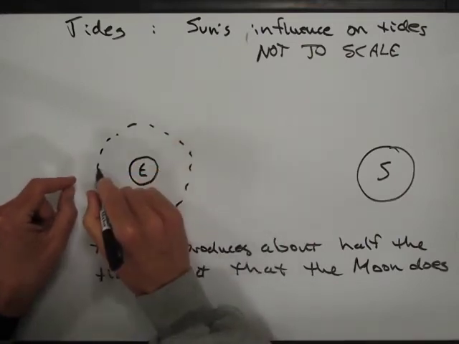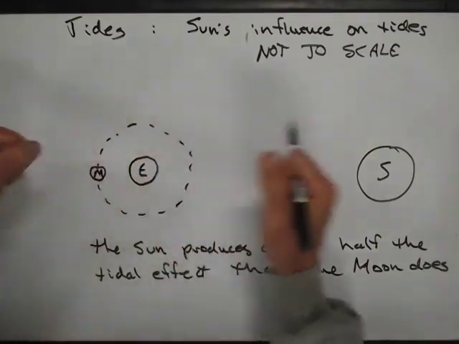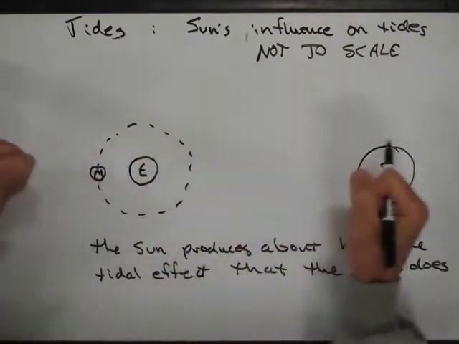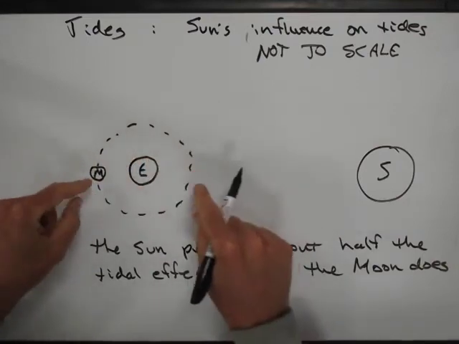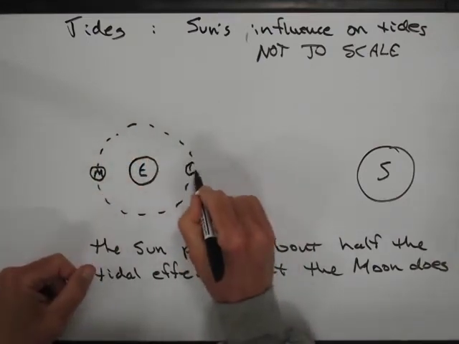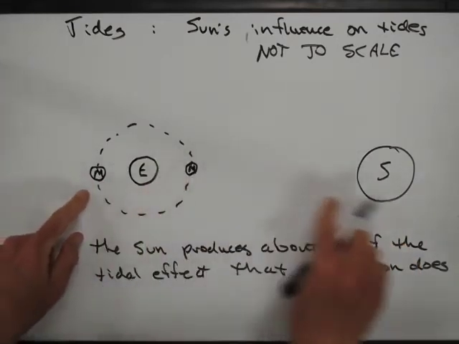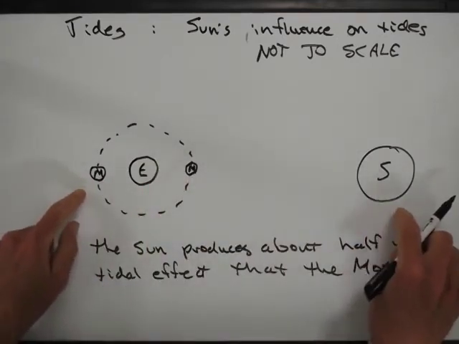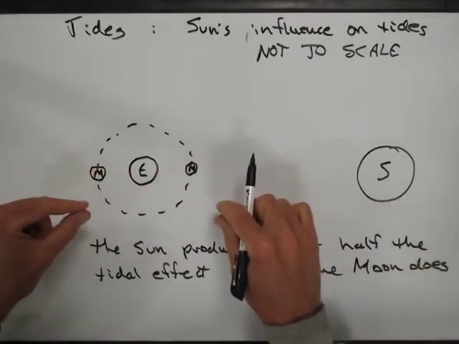And so if this is the moon, then when the sun and the moon and the Earth make a line, both the sun and the moon are stretching the Earth in the same direction, whether they're on the same side of the Earth together or on opposite sides of the Earth. When the sun, the moon, and the Earth make a line, the tides are a little bit bigger than normal.